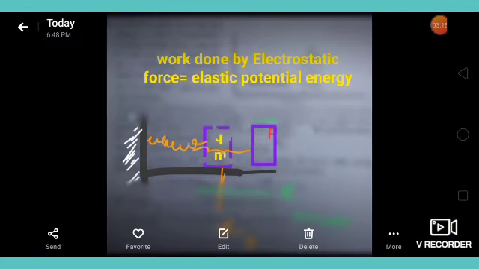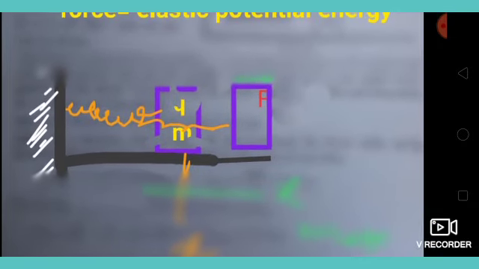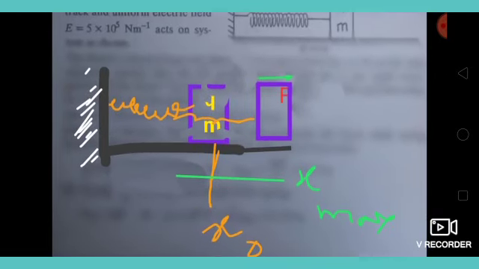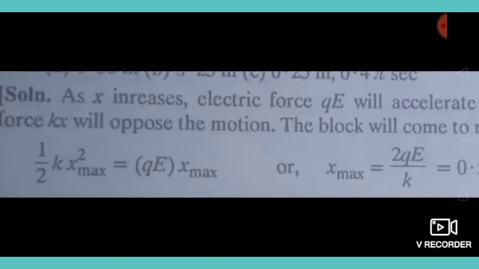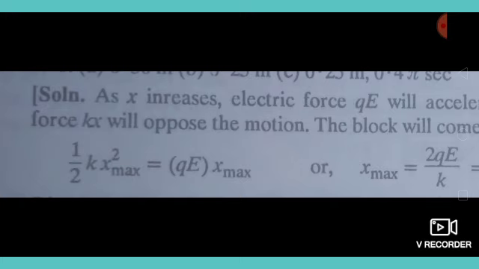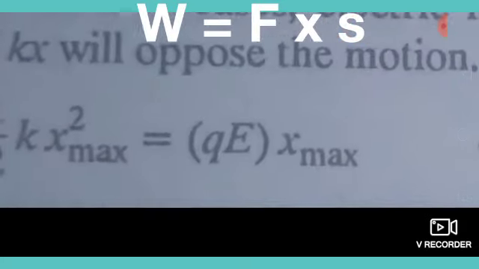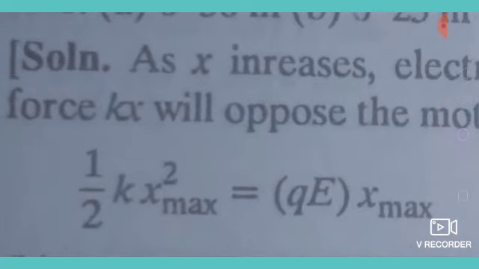The work done from the mean position to x maximum is force into displacement. The force is qE and the displacement is x max, so qE x max equals the elastic potential energy at the extreme position, half k x max squared, because the spring is also stretched by the maximum displacement.